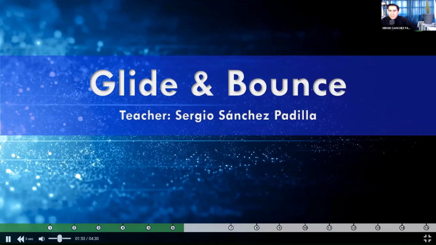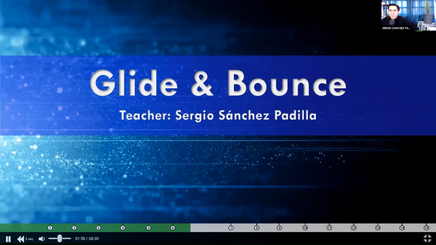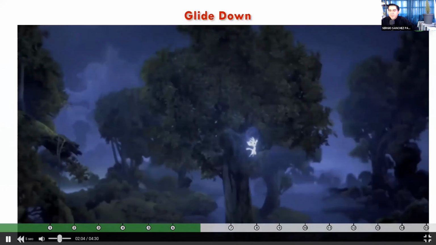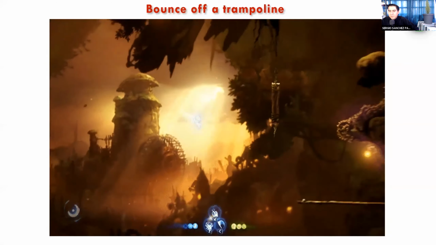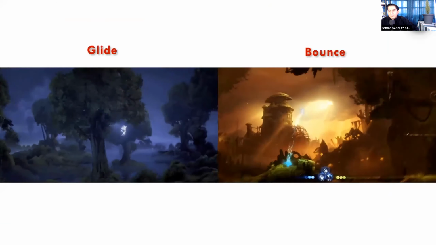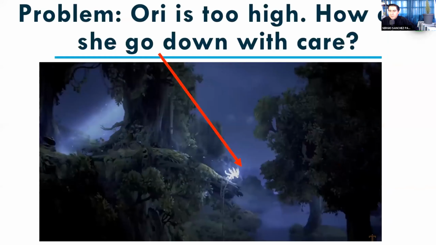Next, glide and bounce. The stimuli for these two different motion verbs is shown right now: glide down and bounce off a trampoline. This is a way to present my students these two different verbs, gliding and bouncing, compared. And then the first problem: Ari is too high.